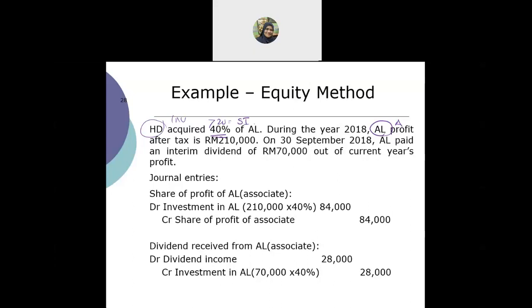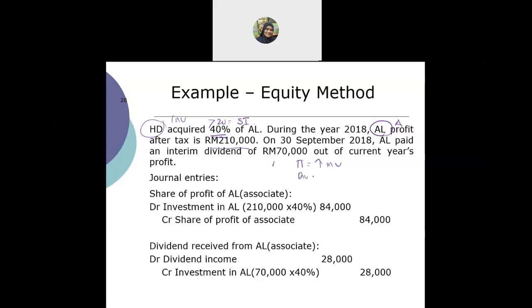During the year, the associate produced a profit of 210, and that profit is going to increase the investment. The next one: on 30th of September, AL provided an interim dividend of 30,000 out of the current year profit.